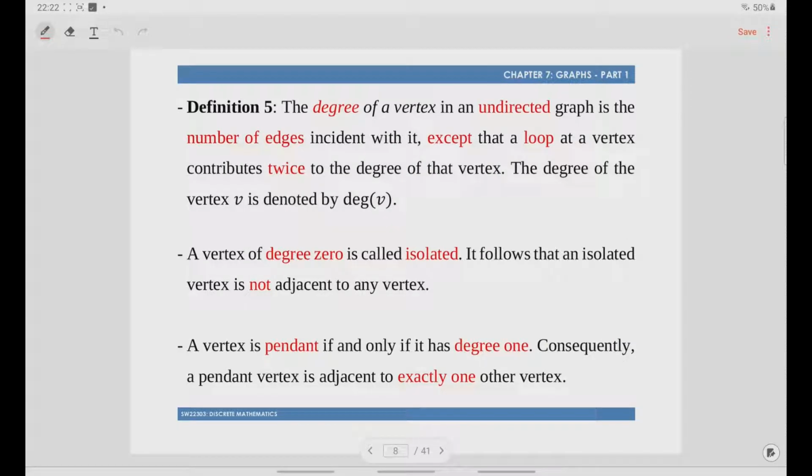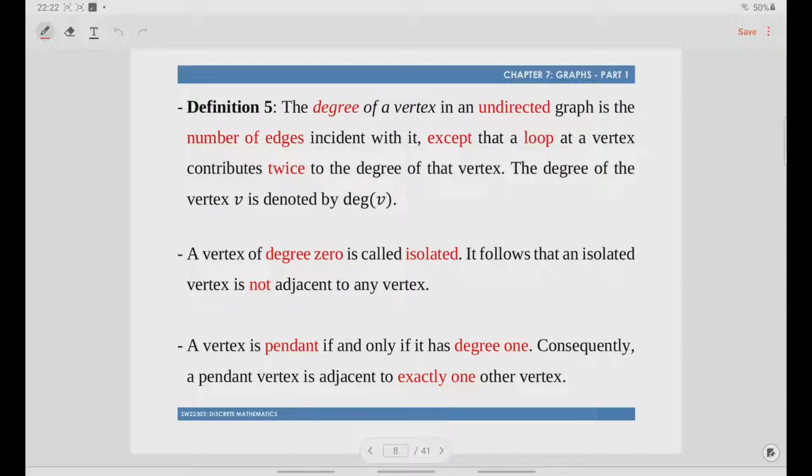In definition 5, the degree of a vertex in an undirected graph is the number of edges incident with it, except that a loop at a vertex contributes twice.